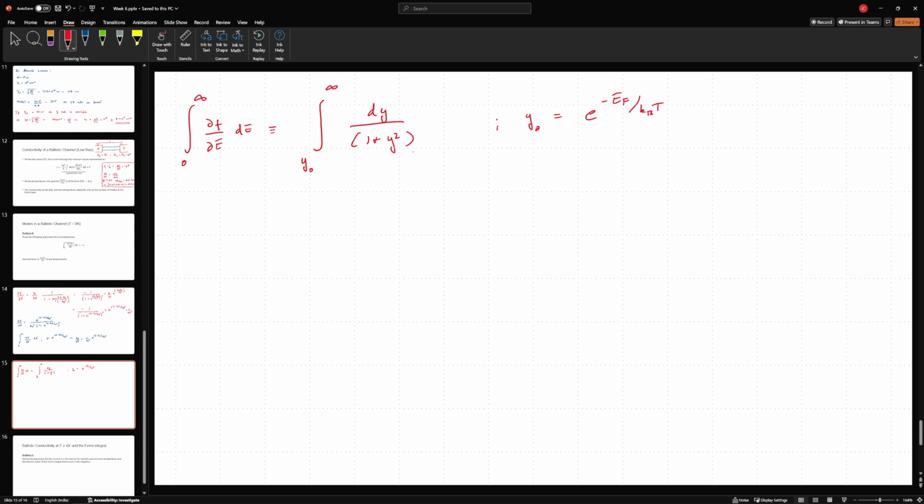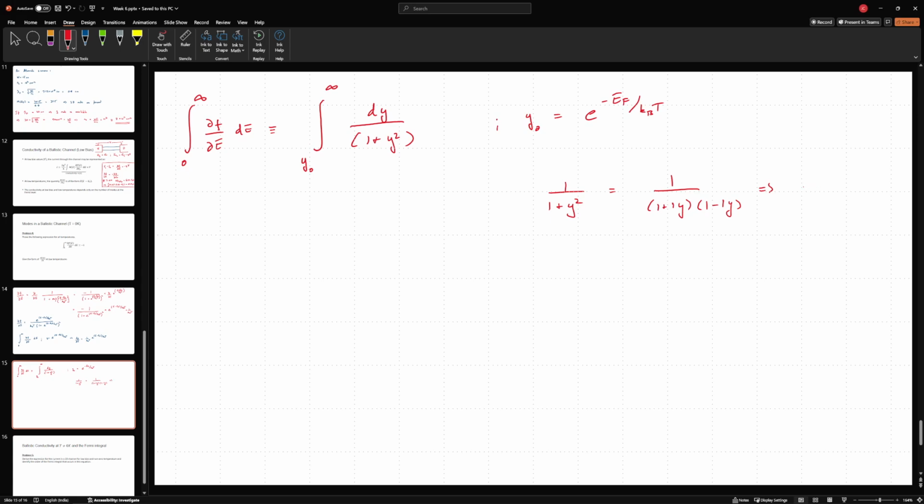Now this is actually a standard integral whose value can be evaluated. Alternatively, we can also take the complex approach, where I can write 1 divided by 1 plus y squared as 1 divided by (1 plus iy) times (1 minus iy), essentially x squared minus y squared, which becomes 1 plus y squared.